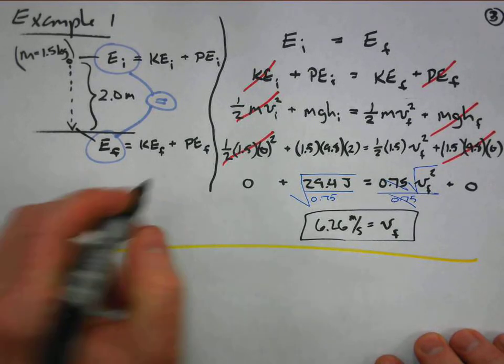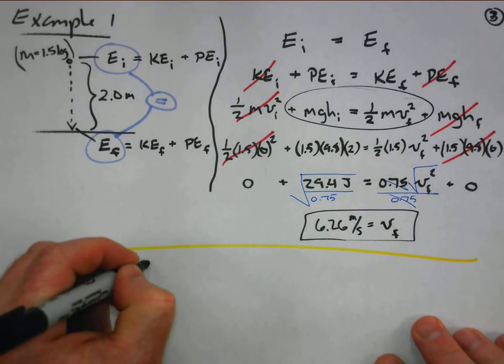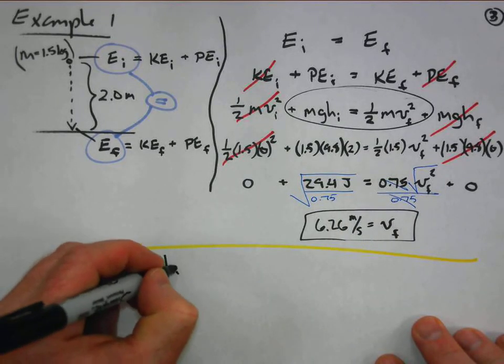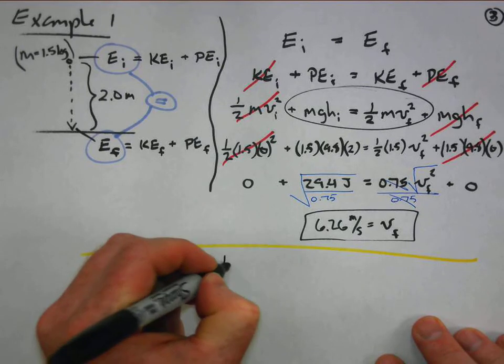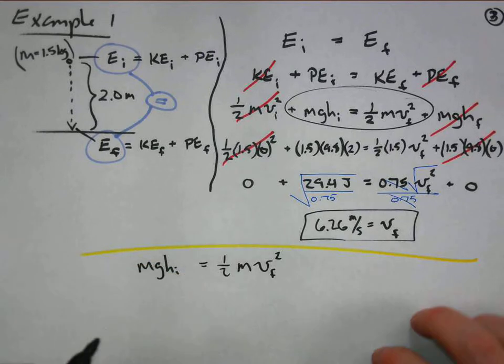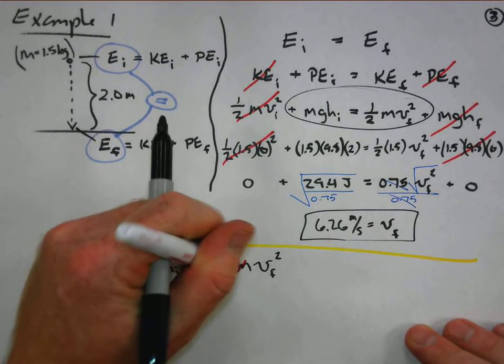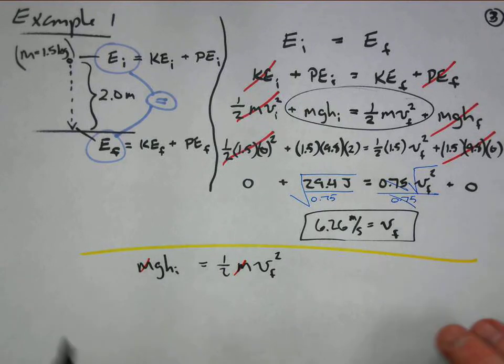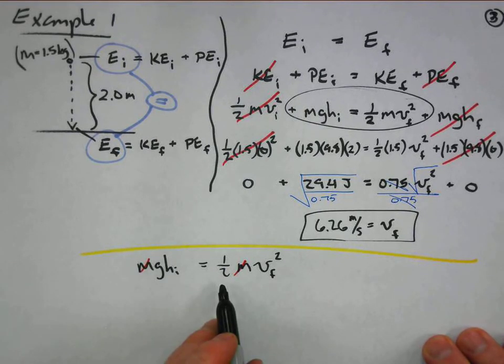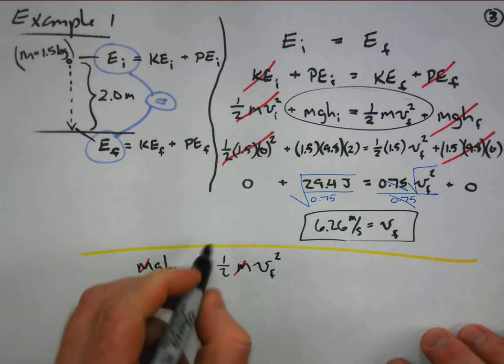You basically are starting with mg h initial equals 1/2 m v final squared. Okay, well, right away again I see I can cancel the mass. It's not a problem. I have to divide both sides by 1/2, which is the same as multiplying by 2, and that'll go away.